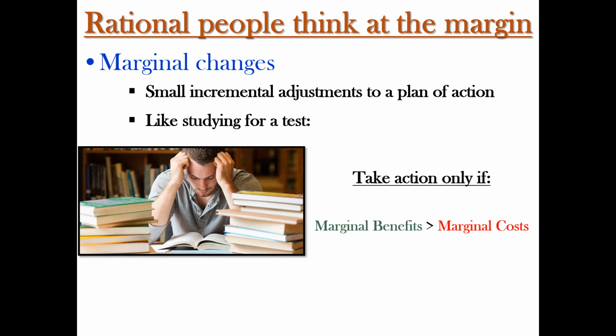You might say, okay, because I realized I don't know what I'm doing, the extra benefits of studying an extra hour or two, adding another hour or two to my studying, to maybe 5 or 6 hours, might be greater than the marginal costs of studying, right? And so again, you're going to make a marginal decision where you compare the extra benefits of studying an extra hour or two to the extra costs of studying an hour or two, and then make that decision. It's an adjustment to an existing plan of action.